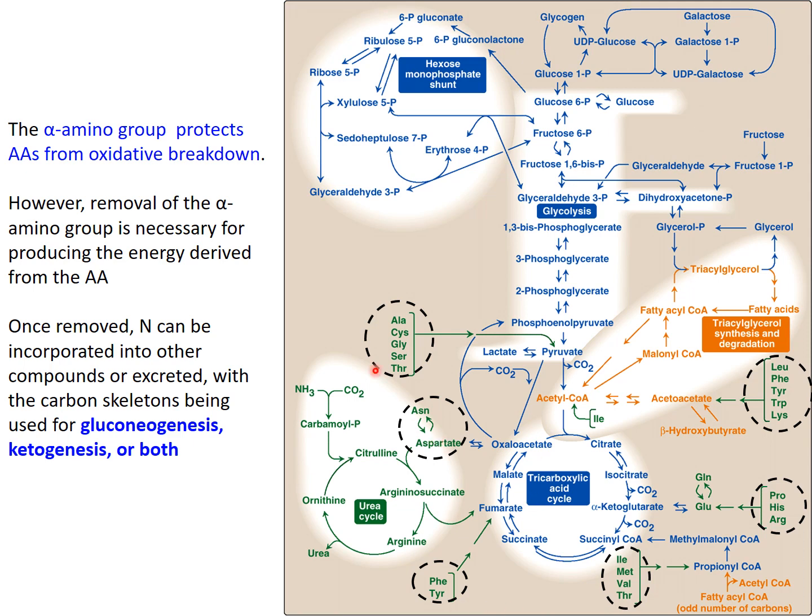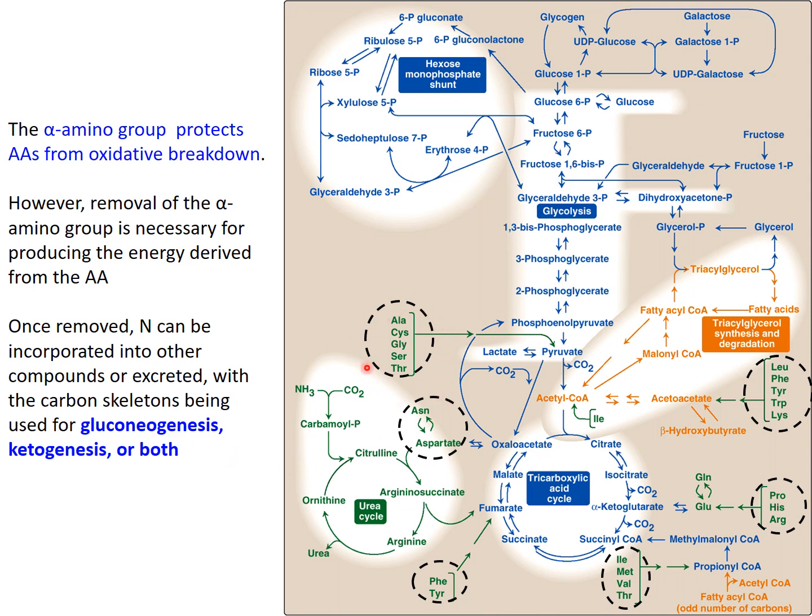So until the alpha amino group is on the amino acid, it is not channeled to breakdown. So we have to remove the amino group. When it is removed, we can use the carbon chain to do whatever we wish to do with it.